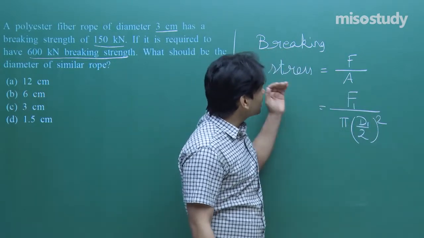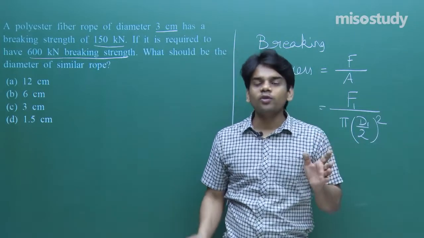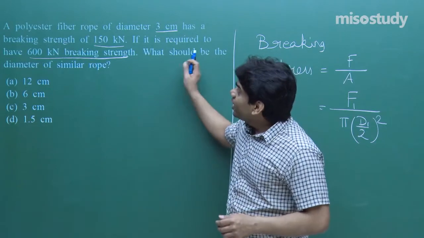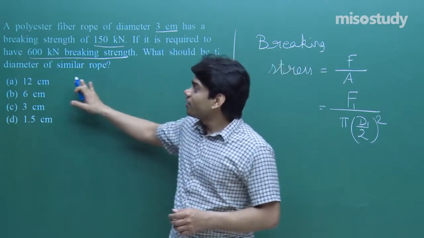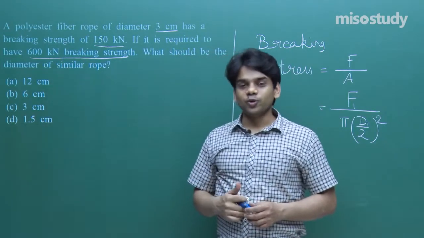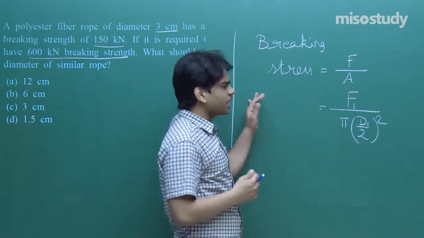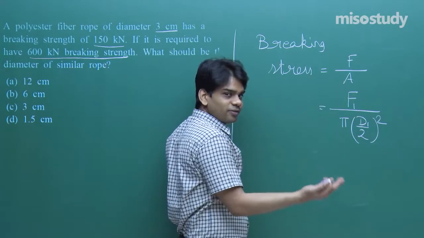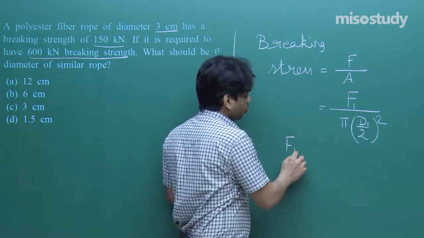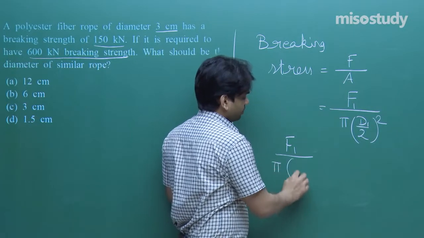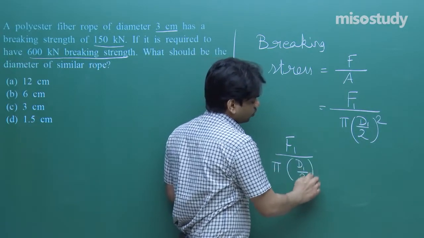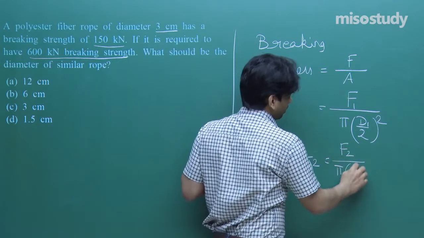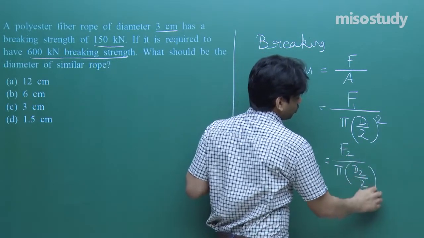Now since breaking stress should be equal for both the wires, the material of the wire is the same, we need to change the diameter and we have to increase the breaking strength to 600 kilonewton. So for the new breaking strength, the breaking stress has to be the same. So if the new load, that is F2, is 600 kilonewton, equating F1 by pi d1 by 2 whole square is equal to F2 by pi d2 by 2 whole square.